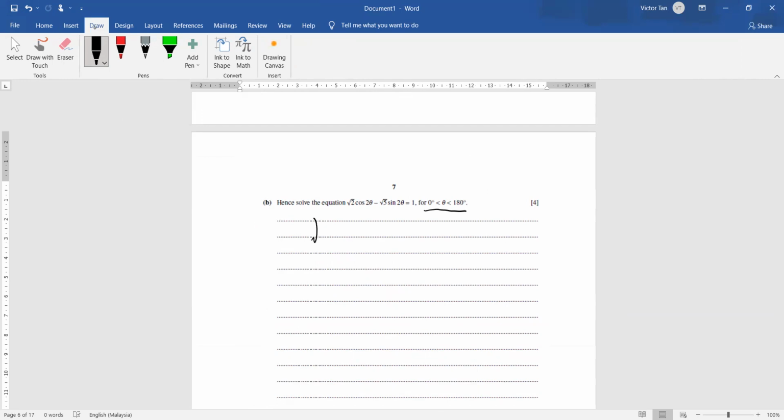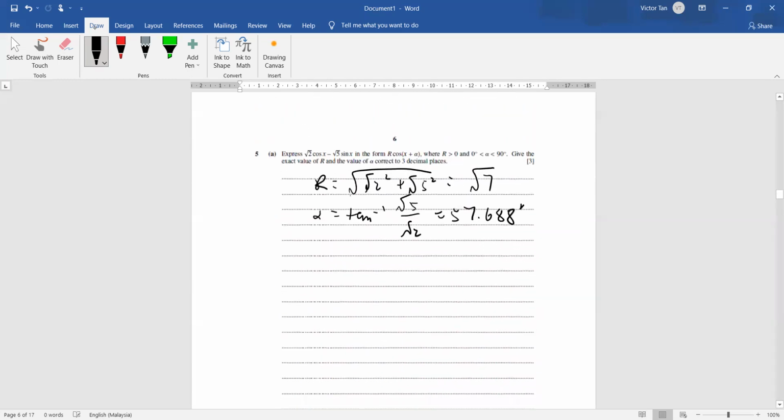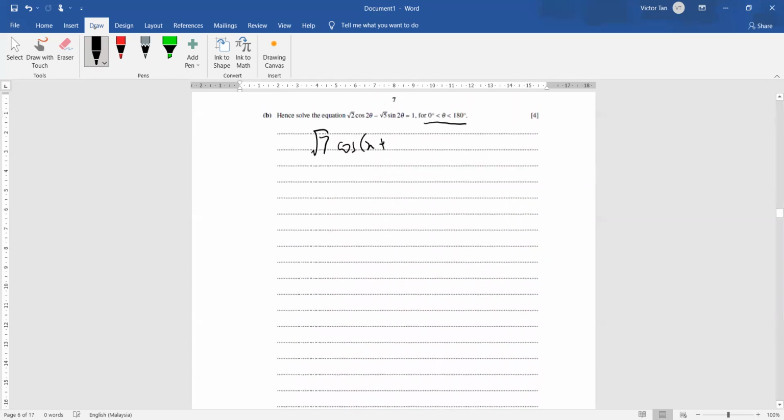So we have root 7 cos(x plus 57.688) equal to 1. So x plus 57.688 equals shift cos of 1 over root 7.